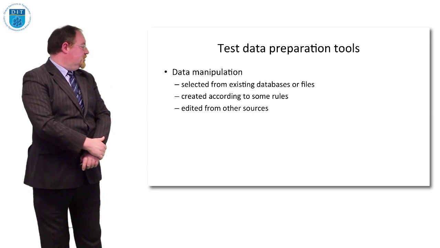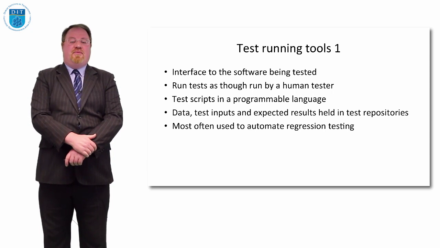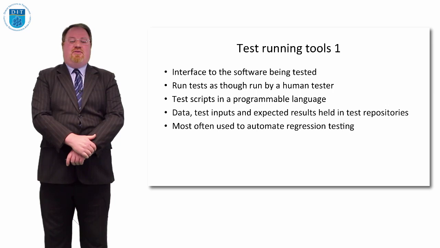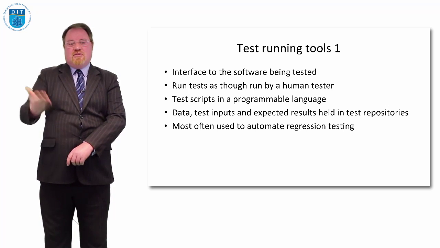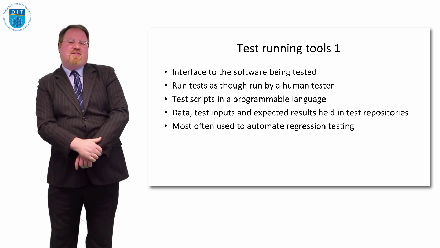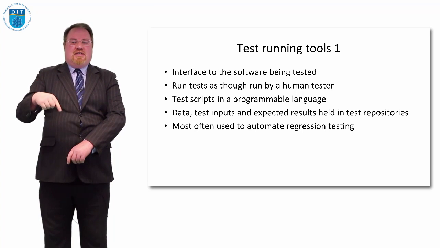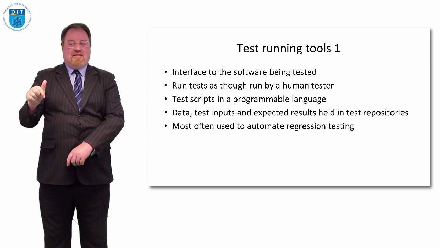We've got test running tools, and we've 2 pages of those. They are tools that tell the tester what's going on, so they can run tests as though they're being run by a human tester. Often how this works is, I run the first test myself, and I have a record button, and I record, almost like screencasting, exactly what I do in the first test.